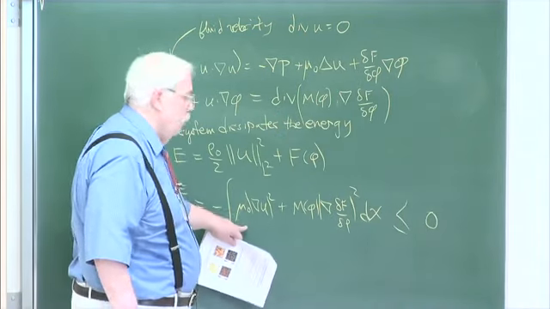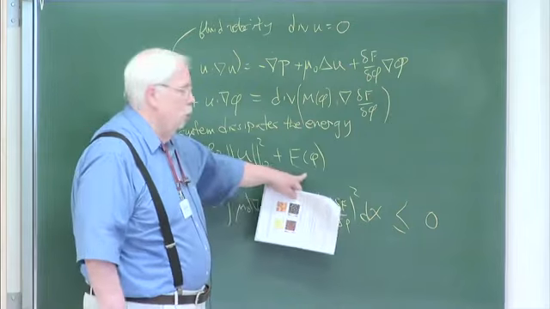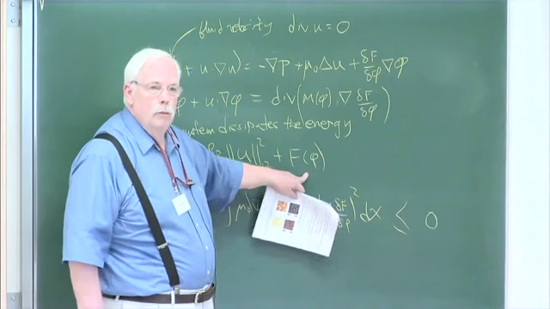So the total energy here is the kinetic energy of the fluid plus the free energy of the Cahn-Hilliard phase.